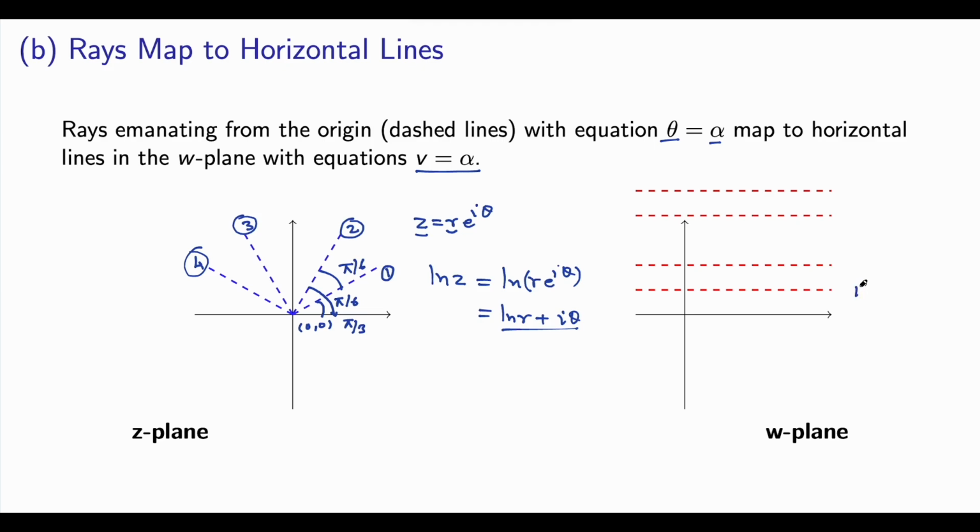This will be the line 1 map, this will be the line 2 map, and there is a big gap between these two lines. The gap appears here, between the 3rd and 4th lines, as long as theta is increasing. And when you go in this direction, because the principal branch lies between minus pi and pi, the lines will come down also.